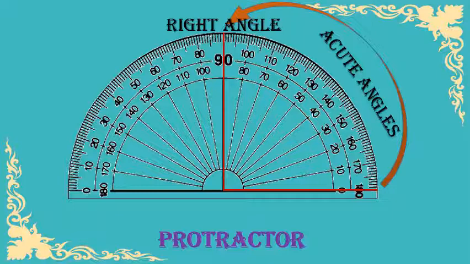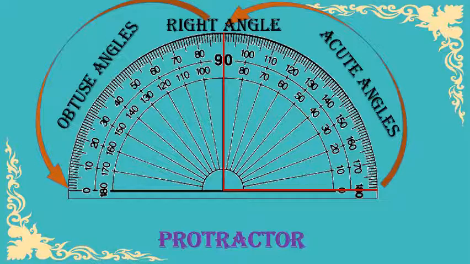And the angles between 90 degree to 180 degree are called obtuse angles. Got this children? Means there are three types here. Acute angles up to 90 degree. Exactly 90 degree means that is a right angle, and more than 90 and up to 180 it is called an obtuse angle.